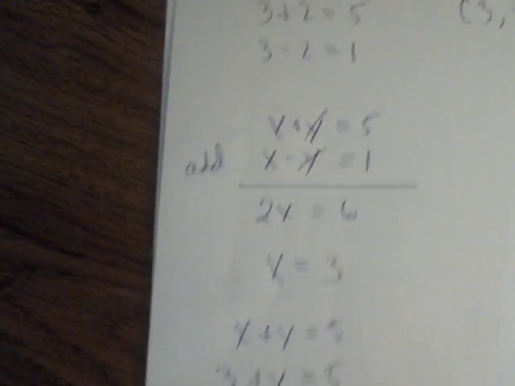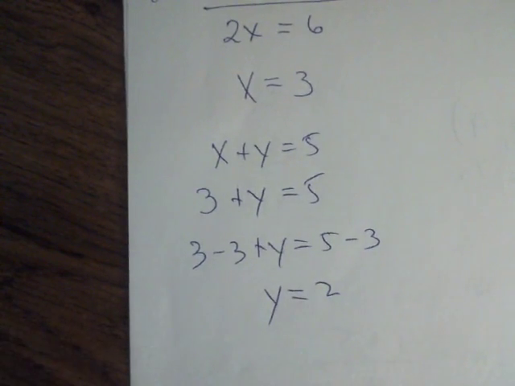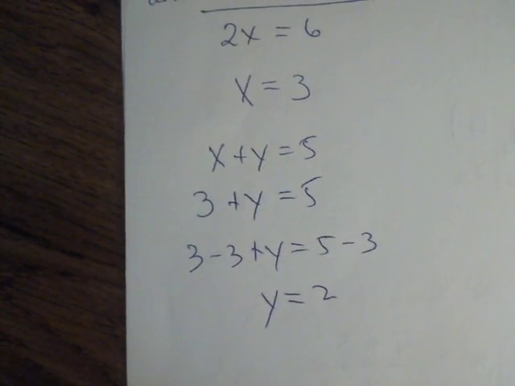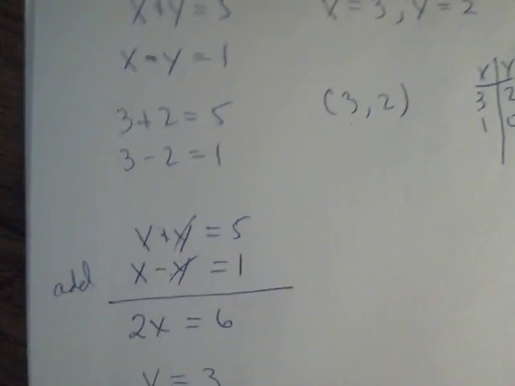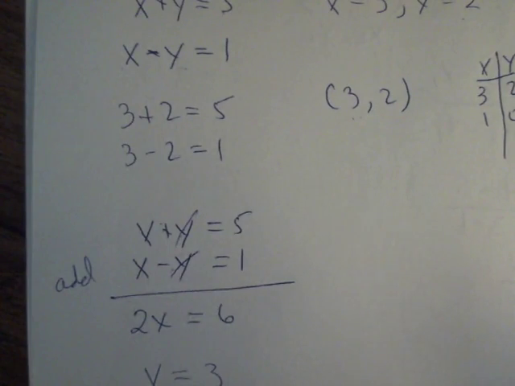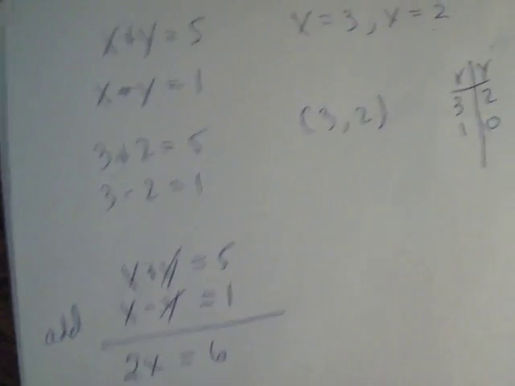So y is 2. So that's the elimination method. Now I'm going to do a tougher one shortly because I know that they're not this easy, but I just want to show it to you using something a little easier to see.